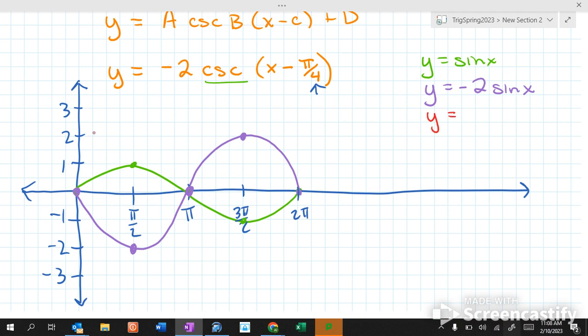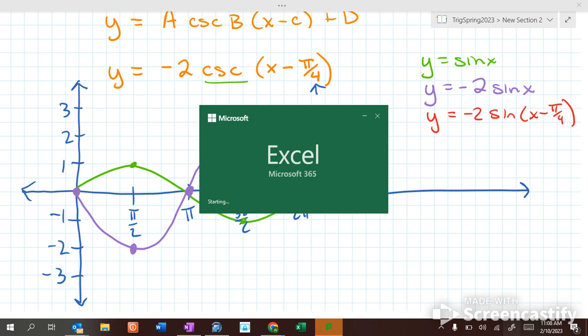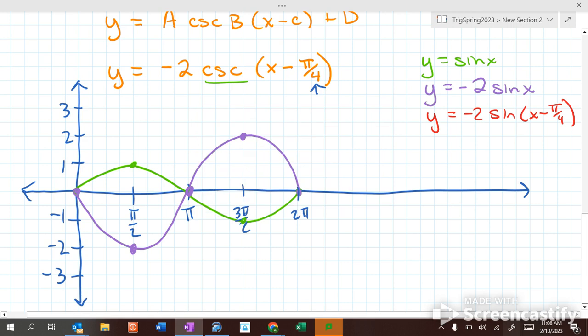So y equals negative 2 sine of x minus pi over 4. So my purple one goes to the right pi over 4, which is how many squares? Two squares on mine. Everything goes 2 squares to the right.